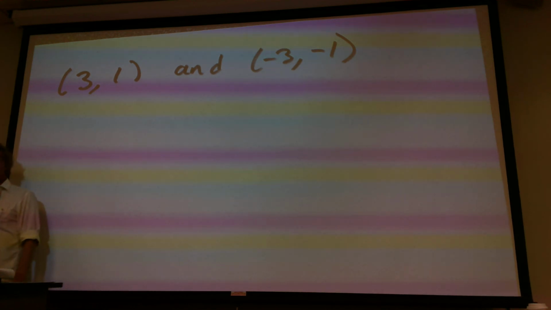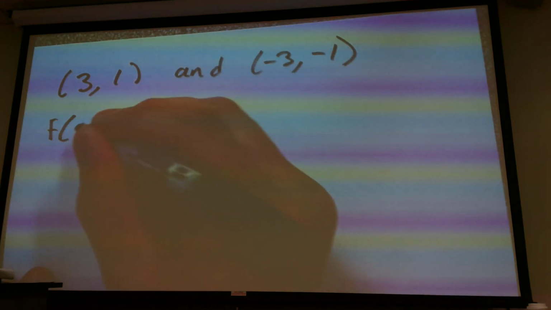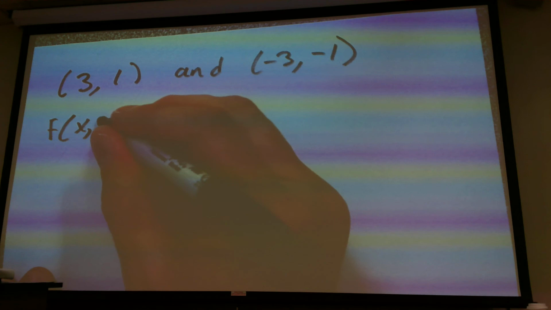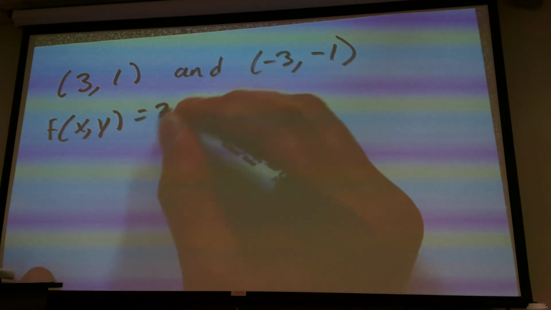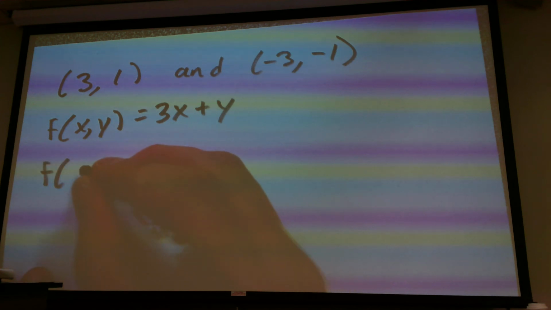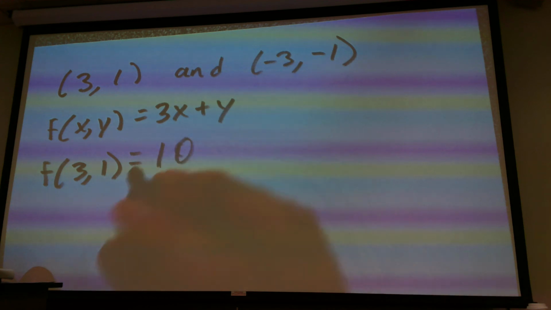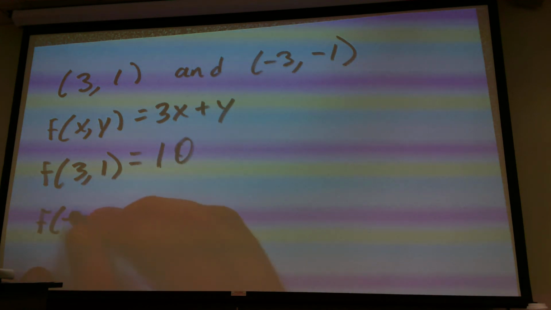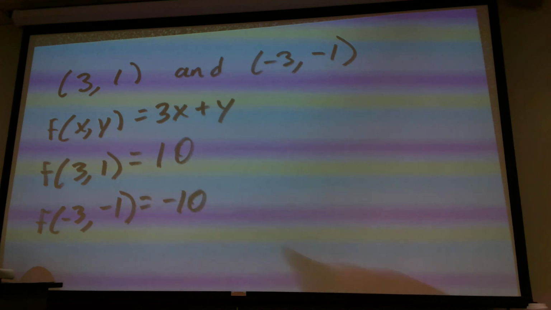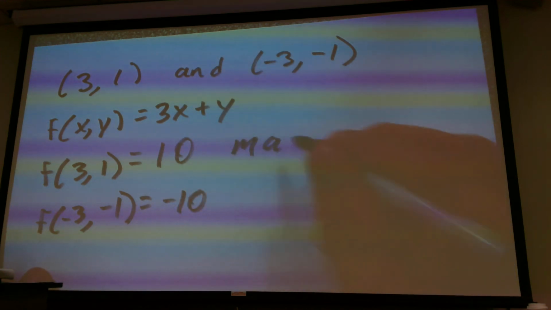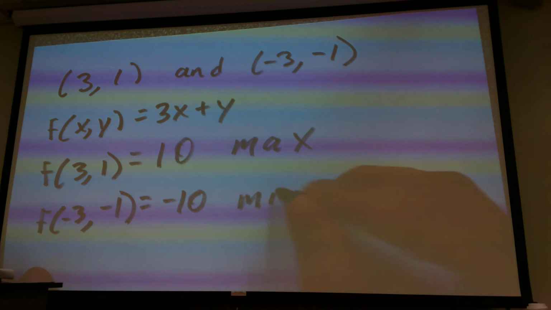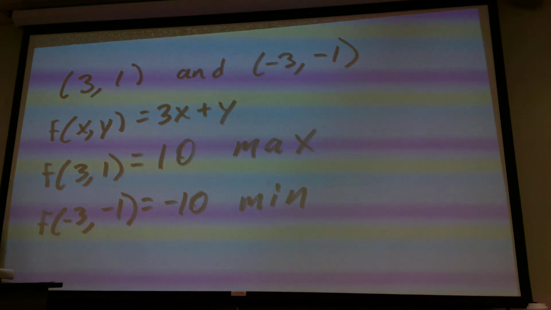So instead of sampling points like I did on the other one, let's say f of x, y equals 3x plus y. So f of (3, 1) would equal 9 plus 1, which is 10. And f of (negative 3, negative 1) would equal negative 10. Well, that's going to be the max, and that is going to be the min.